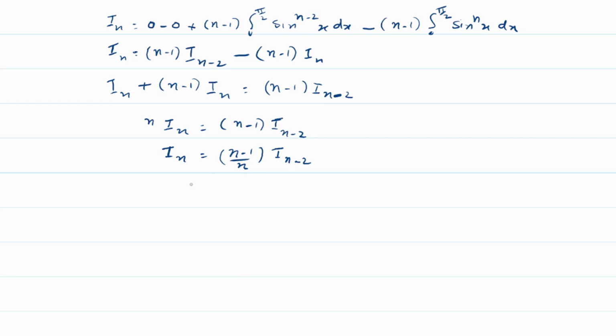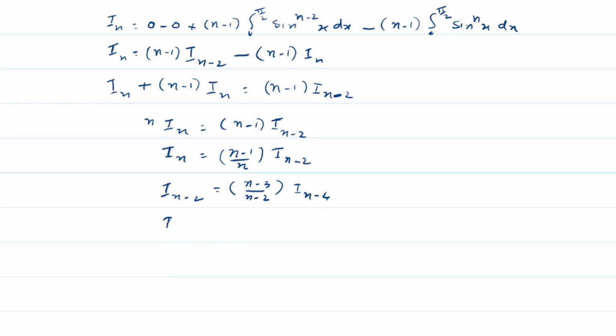So what will it be like this? We will find I_{n-2}. In I_{n-2}, repeating this formula here, n is n-2. So n is n-2 means 1 less, that is here 1 less. So we will get (n-3) divided by (n-2), times I_{n-4}.